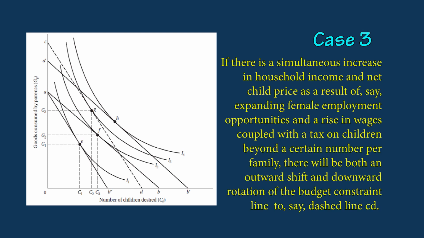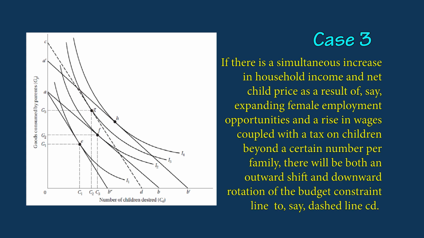And then finally case 3. Case 3 is about a simultaneous increase in household income and net child price, as a result of, say, expanding female employment opportunities and a rise in wages, coupled with a tax on children beyond a certain number per family.